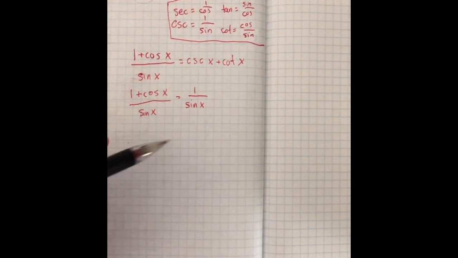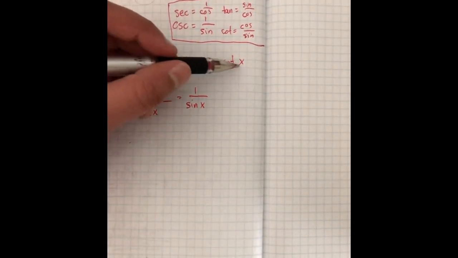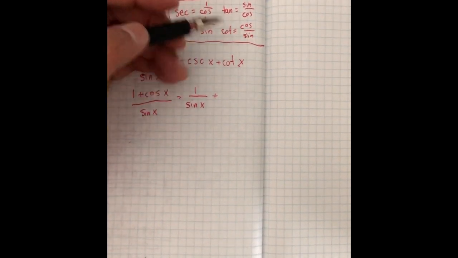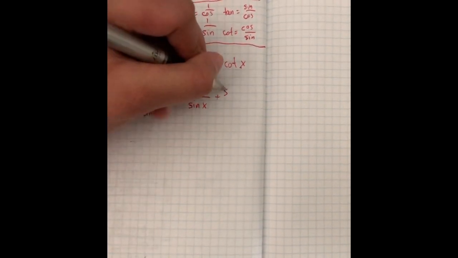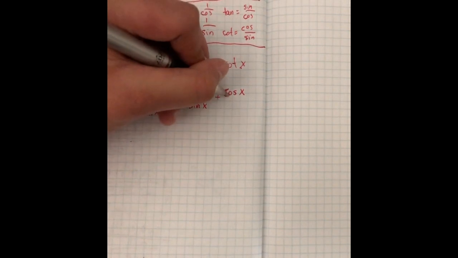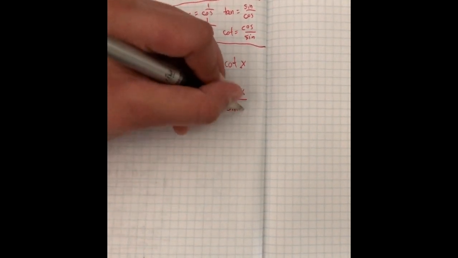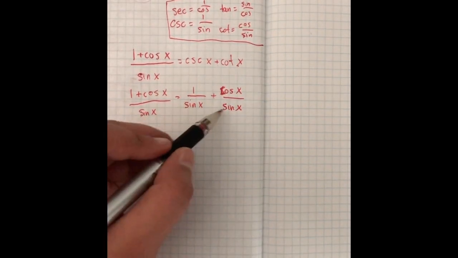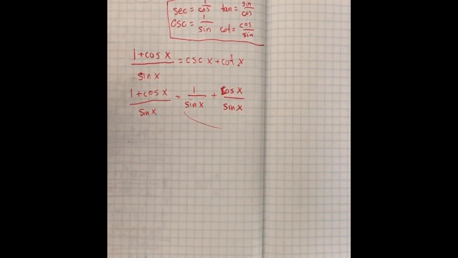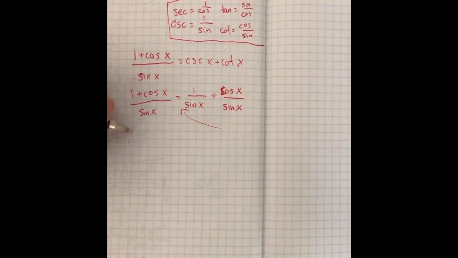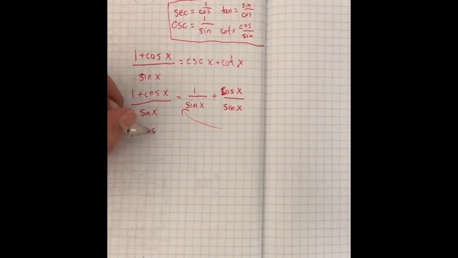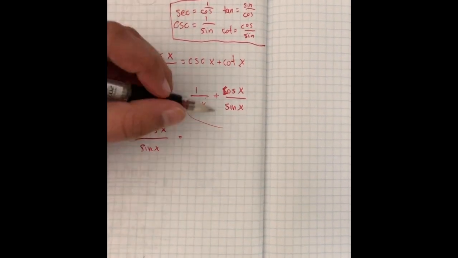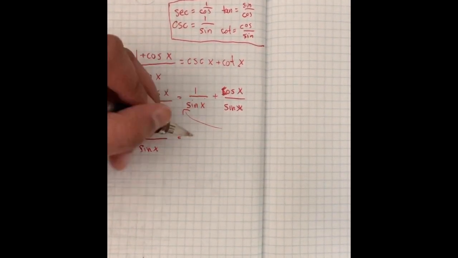Continuing here, we can write the cotangent x as cosine x divided by sine x. Now we have to write this in a common denominator for the next step. So we can write 1 plus cosine x divided by sine x equals, the common denominator in these two is sine x, obviously.